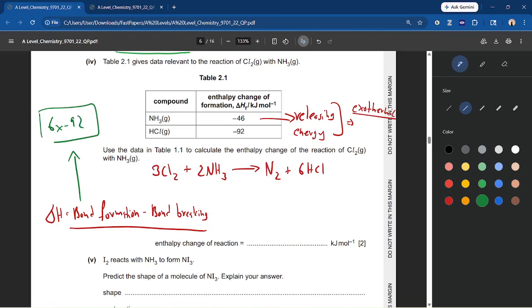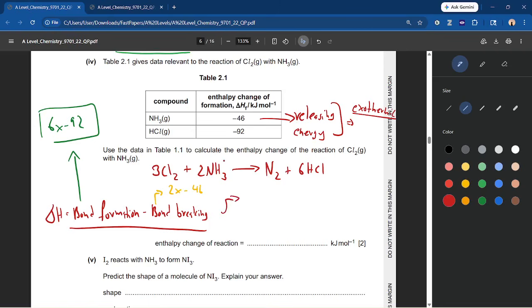And what about for bond breaking? You're breaking an ammonia bond 2 times, so this will just be 2 into minus 46.